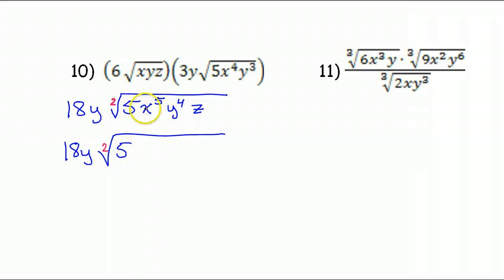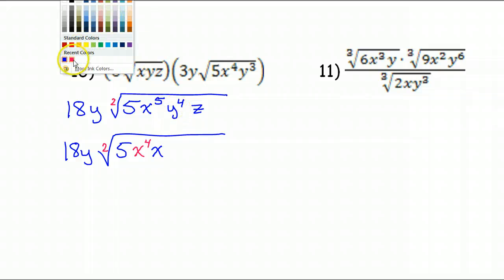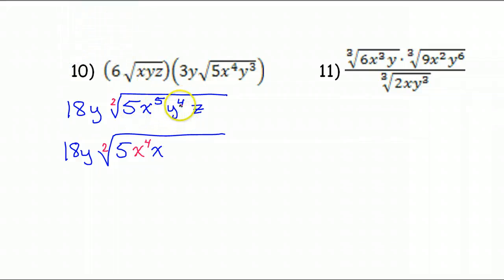So for that reason, I will split x to the 5th power up as x to the 4th power with 1 extra x for a total of 5. Now y to the 4th power is already good to go because 4 is already divisible by 2. So I'll just put it in pink like that.